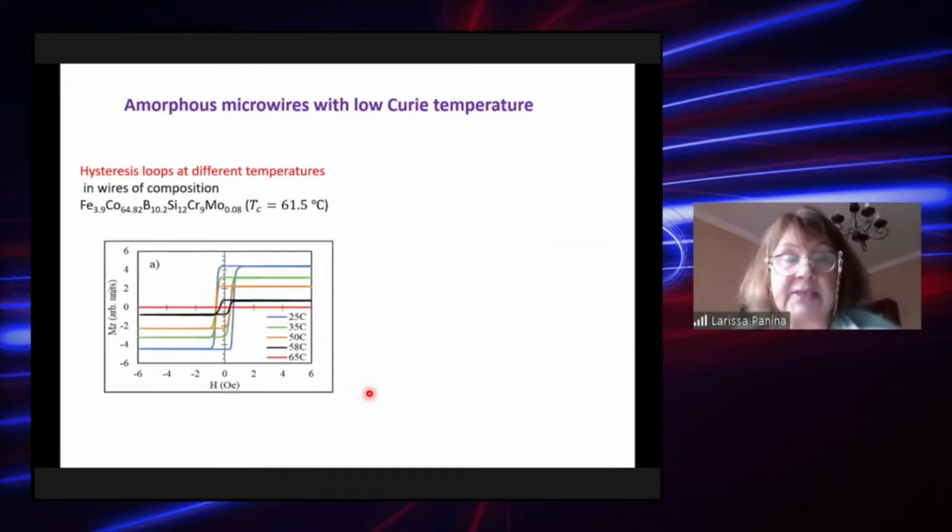Also with these wires, it is possible to find compositions with low Curie temperature. Whilst we are going with temperature towards the Curie point, which for this composition is just around 61 degrees Celsius, the character of hysteresis is preserved.